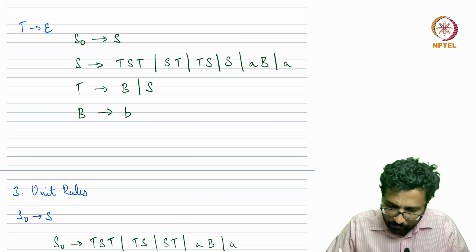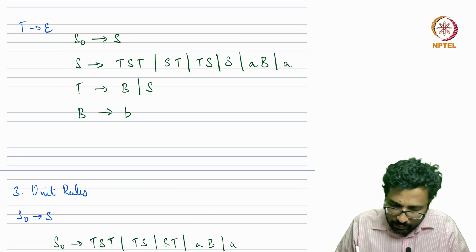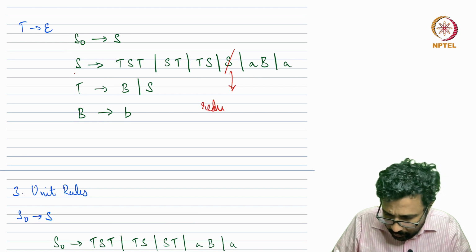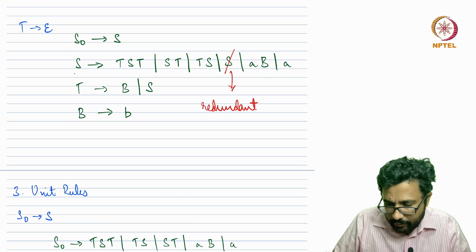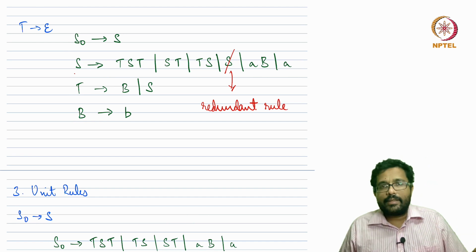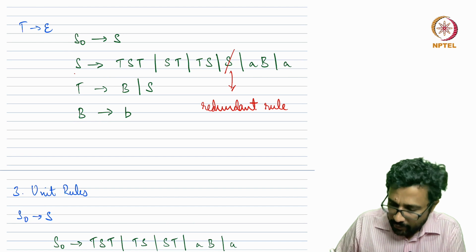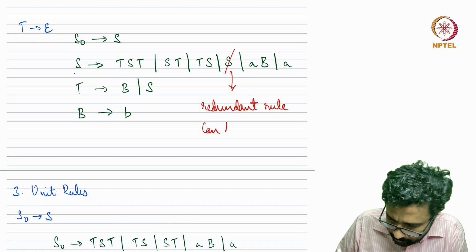Notice that we have one kind of redundant rule here. We have S gives S here, right. This is a redundant rule because it doesn't do anything to the grammar. S gives S, there's no change, right? So we'll remove that.